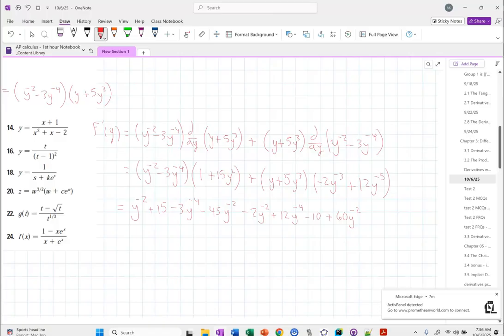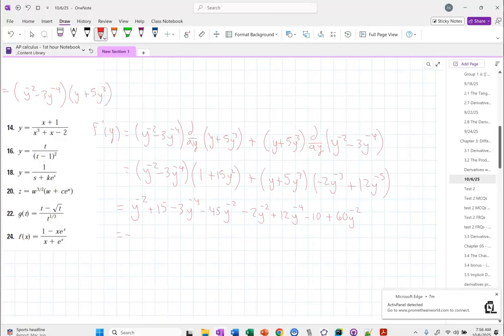And we can combine some like terms here. I have a 1y to the negative 2, a 45y to the negative 2, that makes 46, and then 48, and then negative 108. Oh, no, that's positive. I got to start over again.